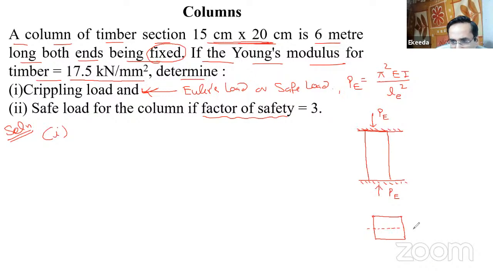Say this is XX, and this is YY. So suppose this is 15 centimeter and this is 20 centimeter, right? So B is 15 centimeter and depth is 20 centimeter.